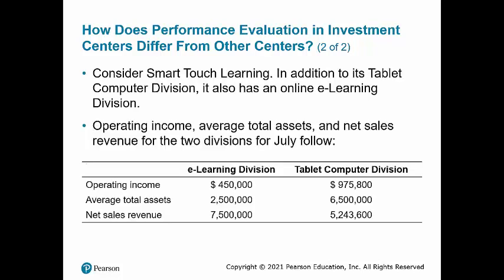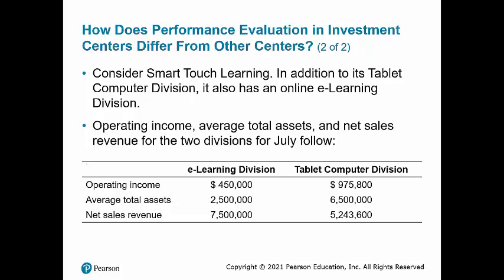Based on operating income alone, the tablet computer division with operating income of $975,800 appears to be more profitable than the e-learning division with operating income of only $450,000. However, this comparison is misleading because it does not consider the assets invested in each division.